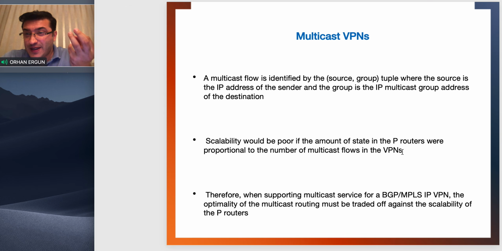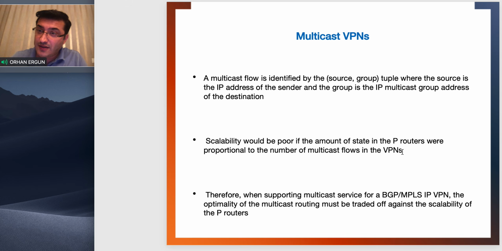Why in the first place was MPLS Layer 3 VPN for unicast scalable compared to IP destination-based routing? Because we were hiding the VPN label, we were hiding the VPN prefix from the P routers, from the mid routers, those LSRs. Now with multicast, we will push those customer states to the P routers.